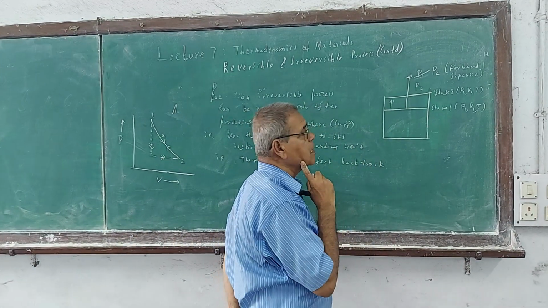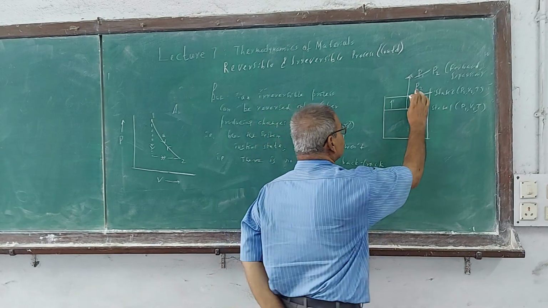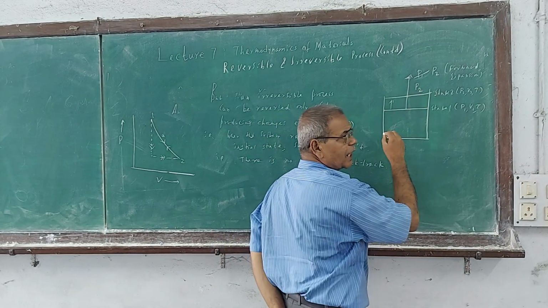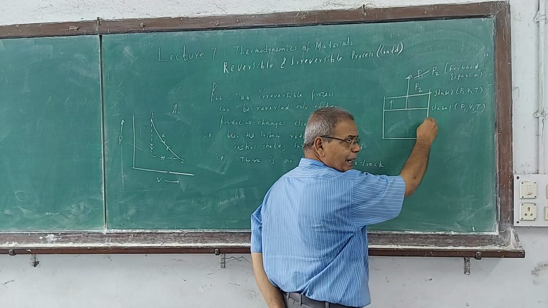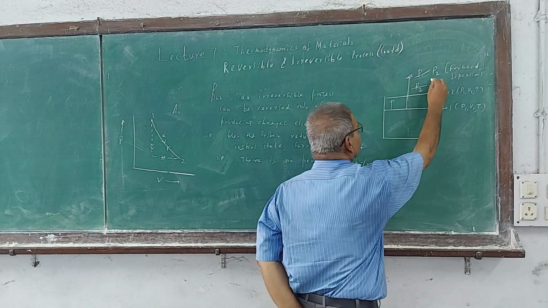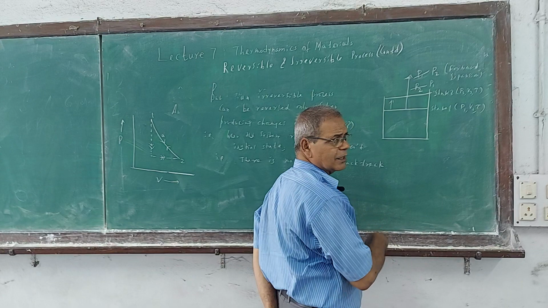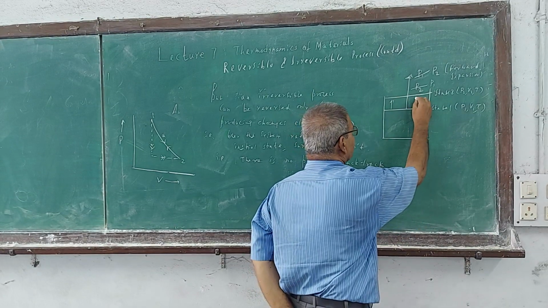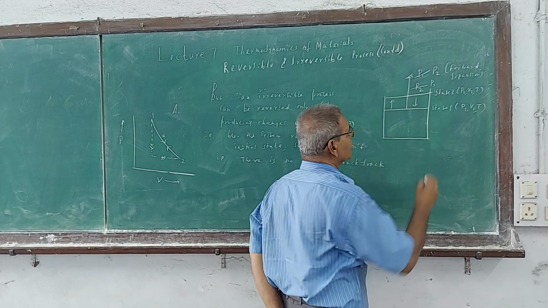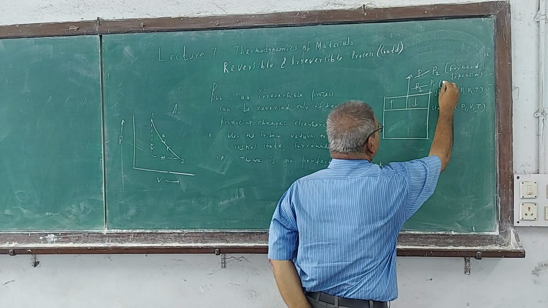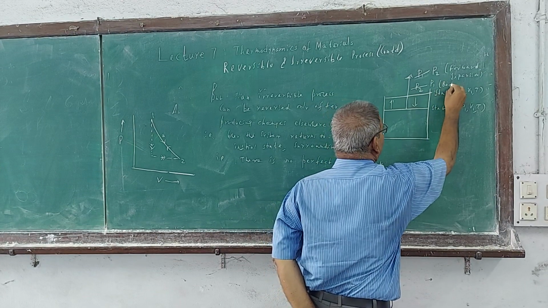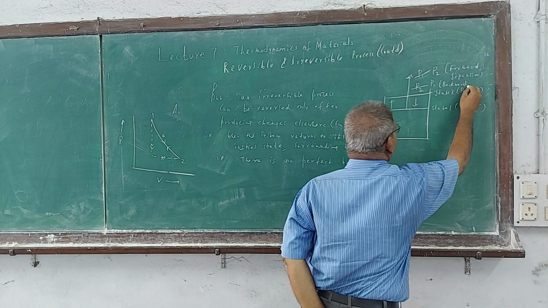So this is P2. Then what will you do? Start at P2 and get back to 1. So P2 to P1 is the commonest. You see, this is the compression. P2 to P1, what do you call this? Backward, or reverse. And what is this? Compression.